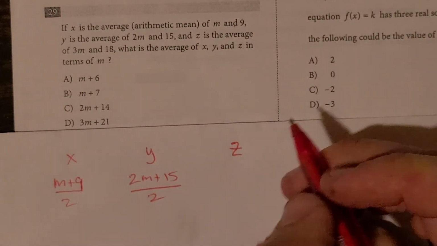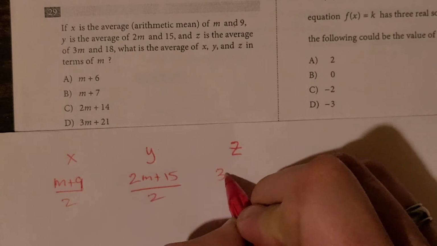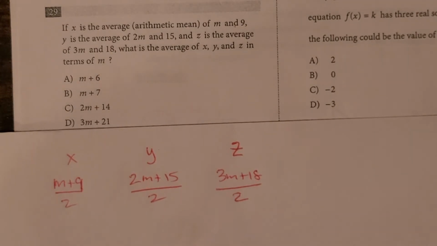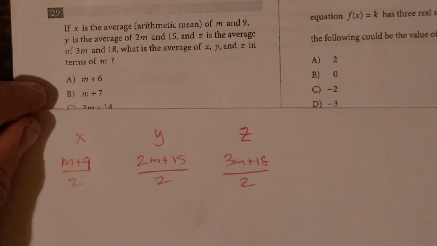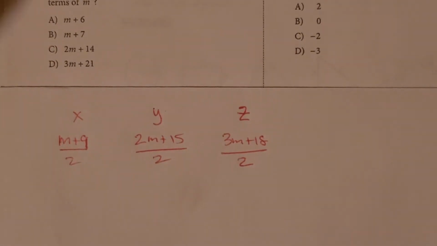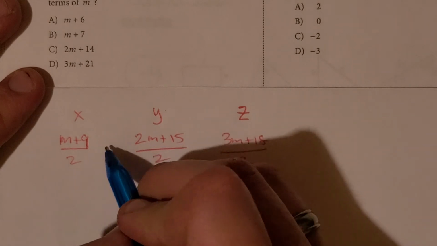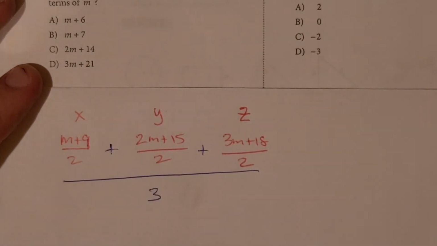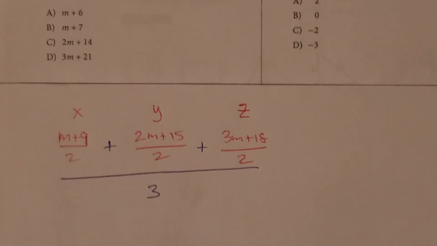Z is the average of, what does it say, 3m and 18. Boom. Okay. Now, if I wanted to find the average of x, y, and z, I would take these three things, I would add them all, and I would divide by 3. So here's the algebra that we need to do.